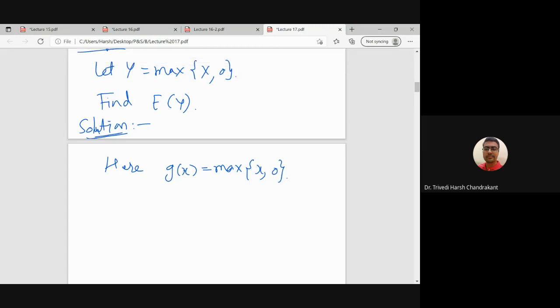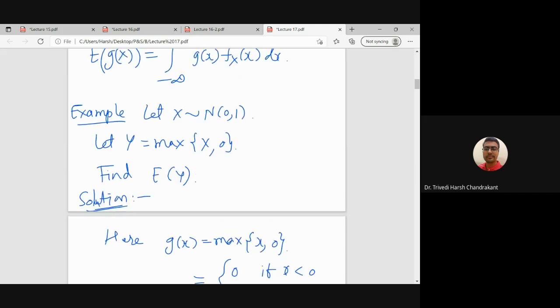So what is this function? When we take a negative value, what is the maximum? That is 0, right? So whenever x is negative, the value of the function is 0. And if x is non-negative, then the value is x. So x is the maximum on the right side.